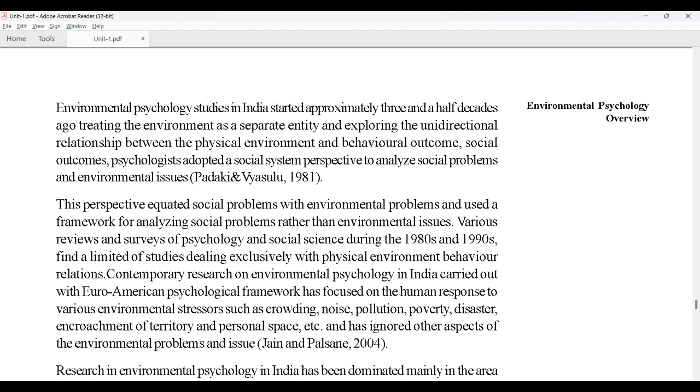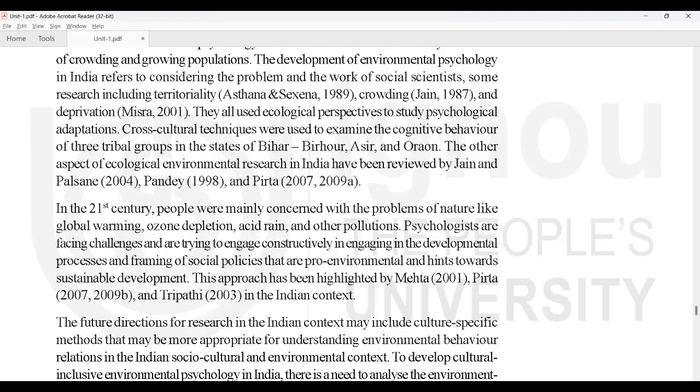Research in environmental psychology in India has been dominated mainly by the area of crowding and growing populations. The development of environmental psychology in India refers to considering the problem and the work of social scientists, with some research including territoriality, crowding, and deprivation.